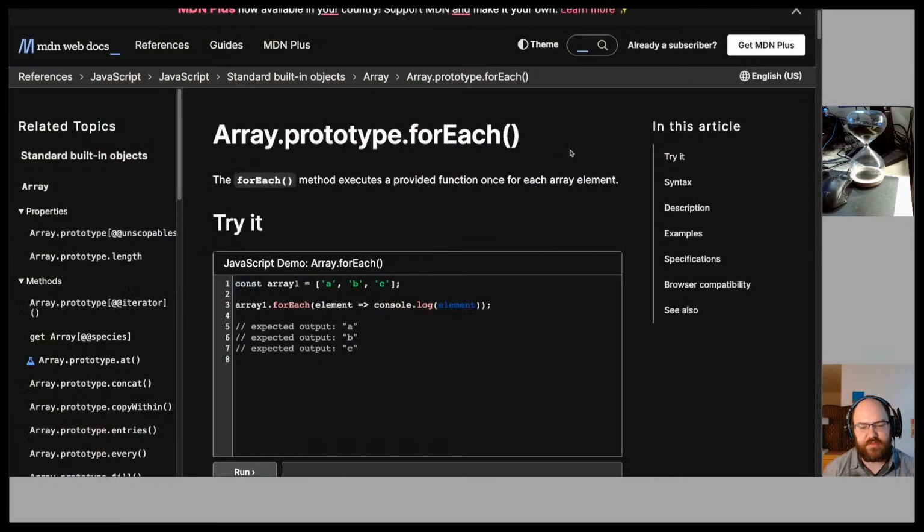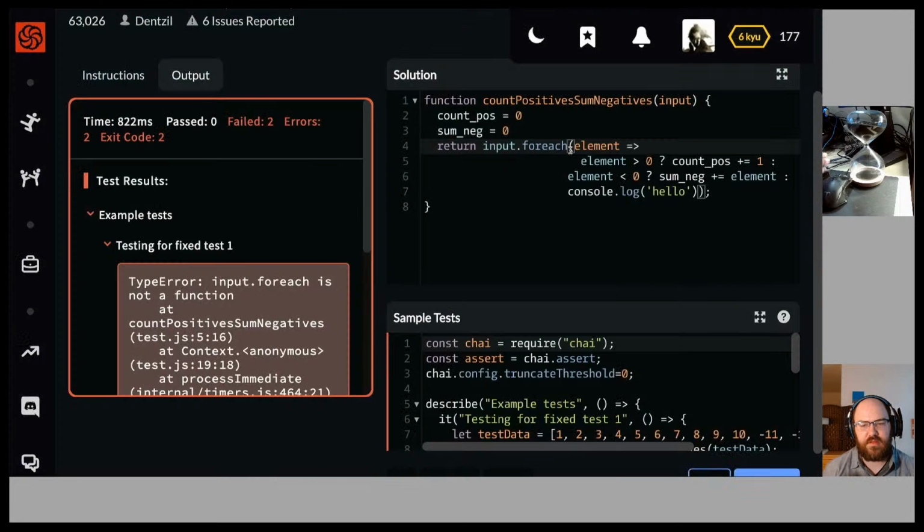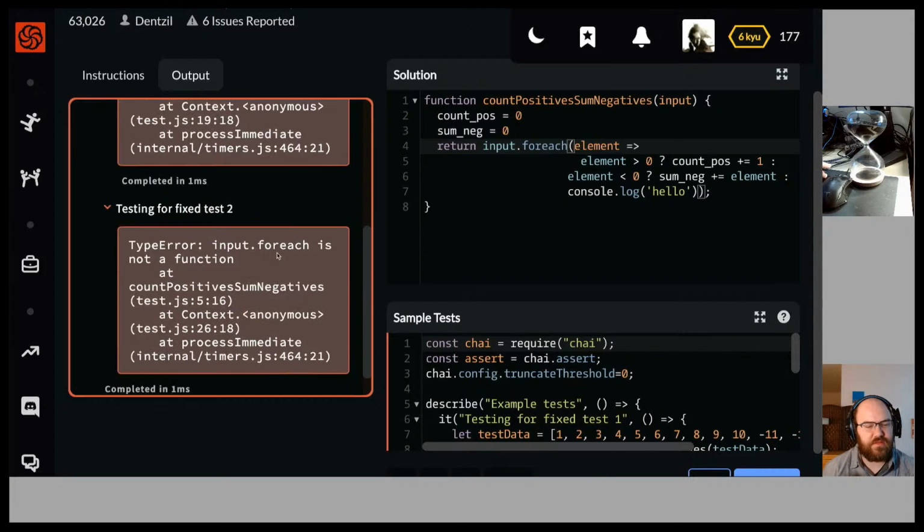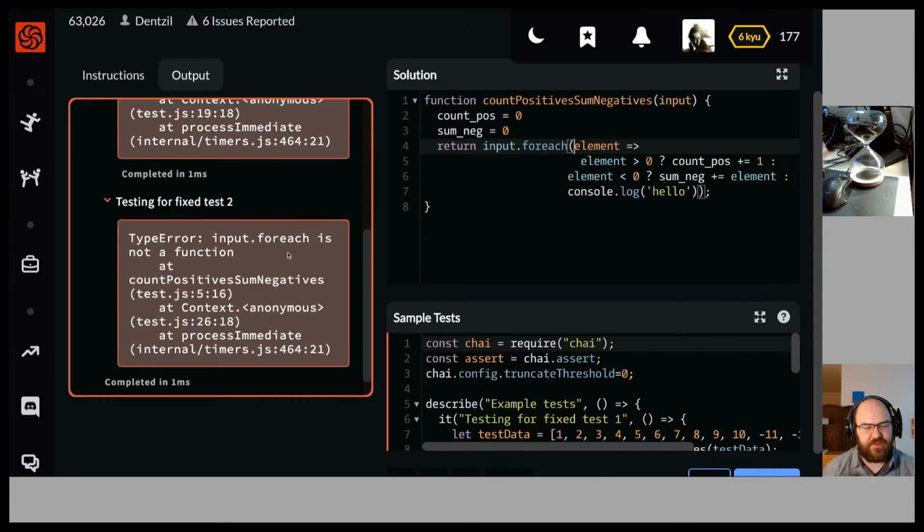Okay, did I get my syntax wrong? I feel like I don't understand how forEach is supposed to work.